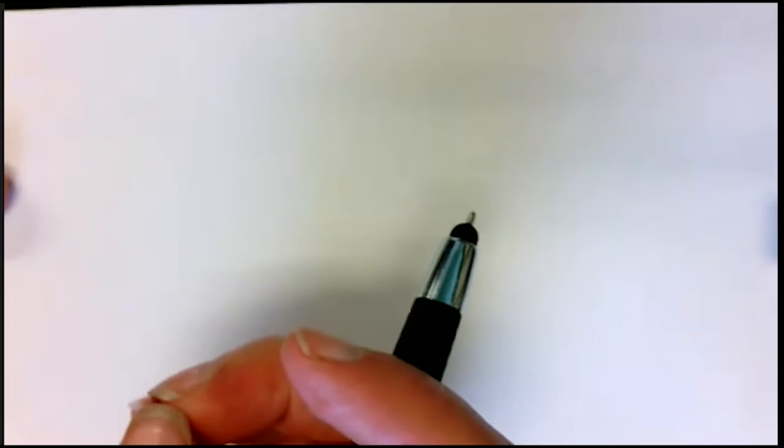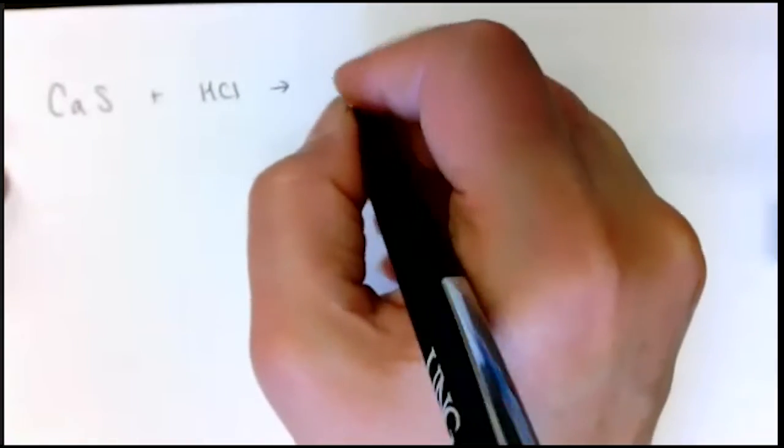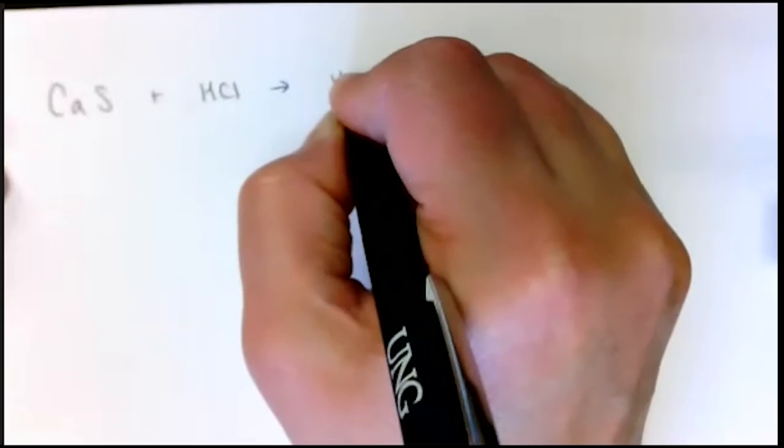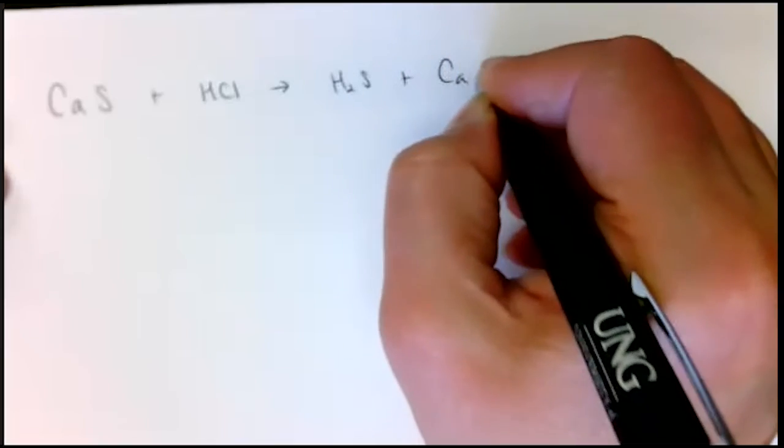Okay. I don't really do much with sulfide bases, but I will go over one example. So let's just do calcium sulfide plus hydrochloric acid will produce H2S plus CaCl2.